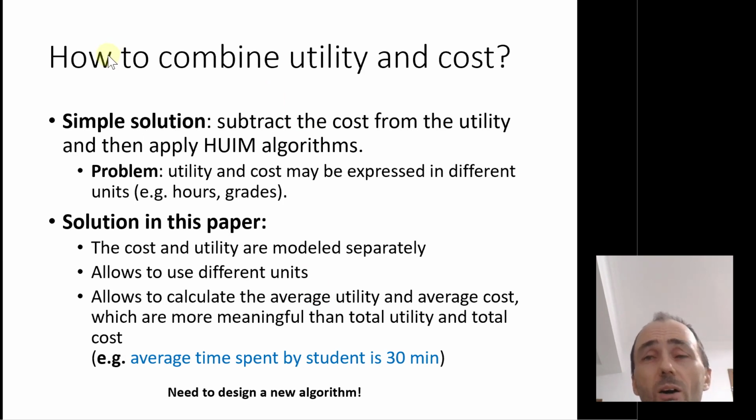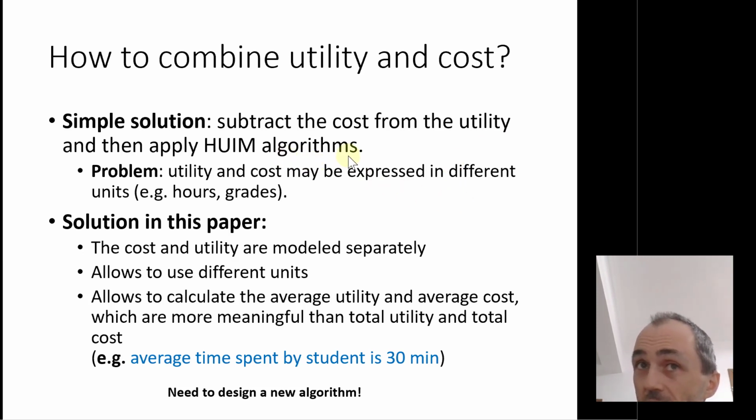So now we have two dimensions, utility and cost. So how can we combine them in the same problem? There's a simple solution. It will be to subtract the cost from the utility. So we take the utility and we remove the cost from this, and then we use the high utility item set mining algorithm.